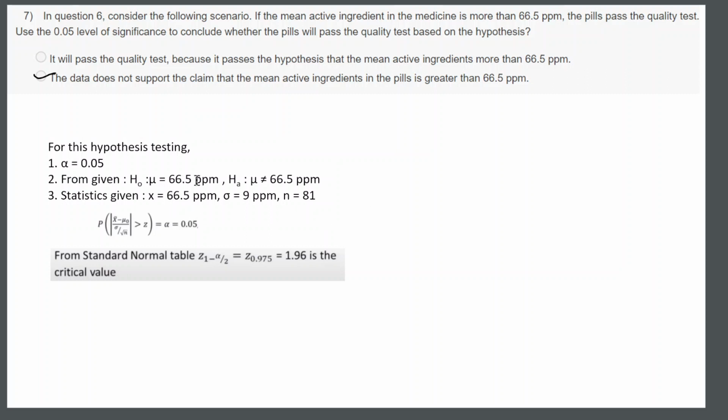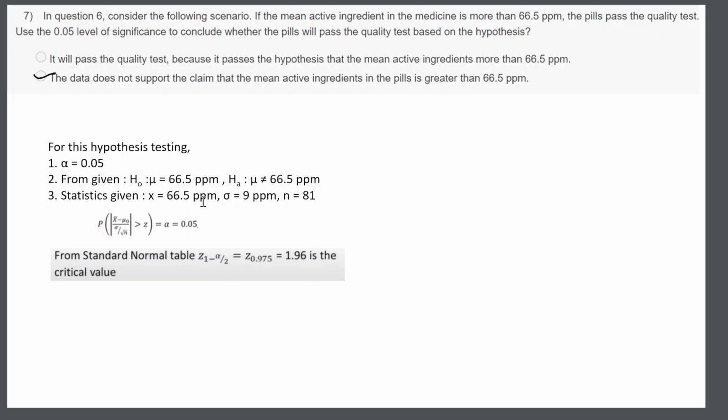What we are trying to see here is we will calculate the statistics. In that case, our sample average is also 66.5 and the mean is also 66.5. So when we calculate the value, it will fall at zero, because the statistic will become zero.